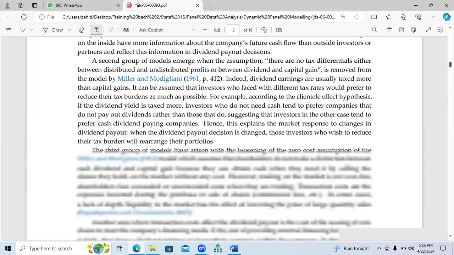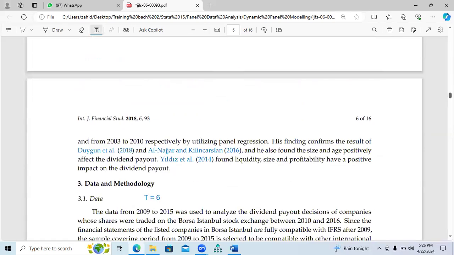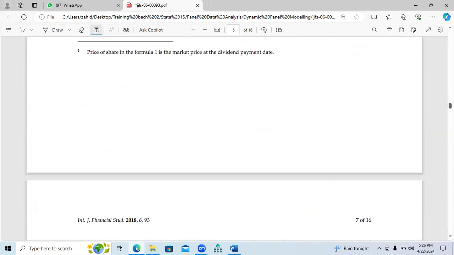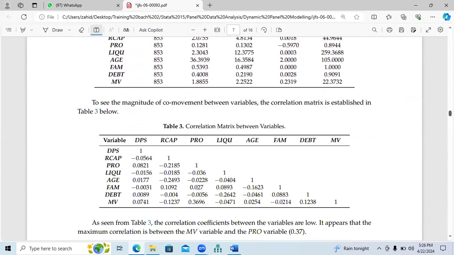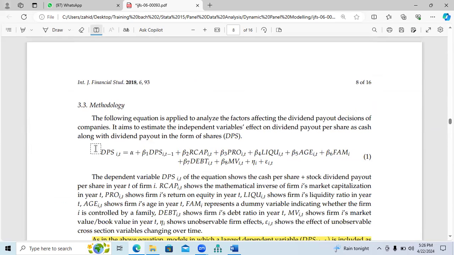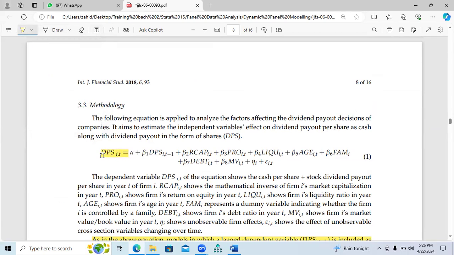These are the basic considerations that you need to consider for applying dynamic panel data analysis. So the next thing that you need to understand is how the process was applied. So this is the model. If you see here in this model, you can see the dependent variable, which is dividend payout ratio, and it is also influenced by its own previous value.